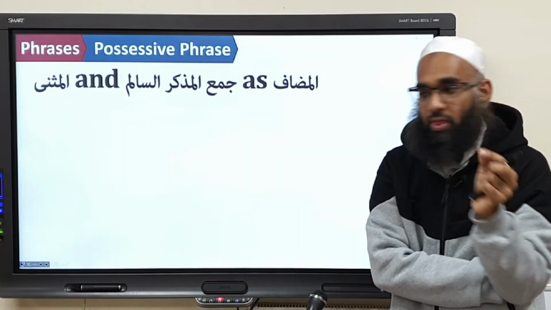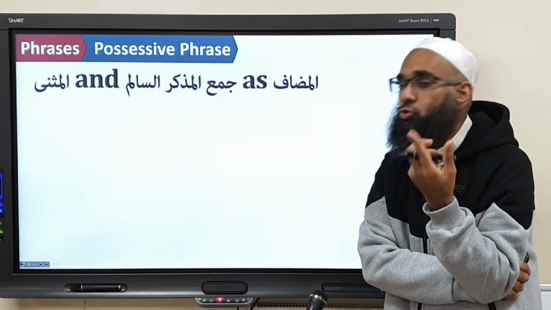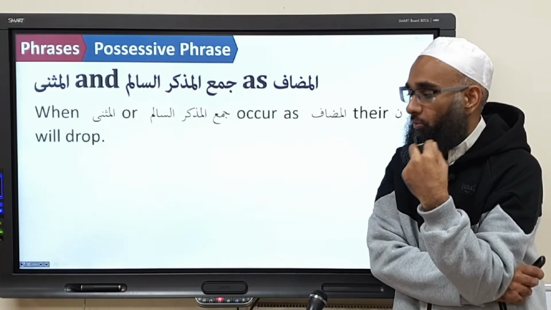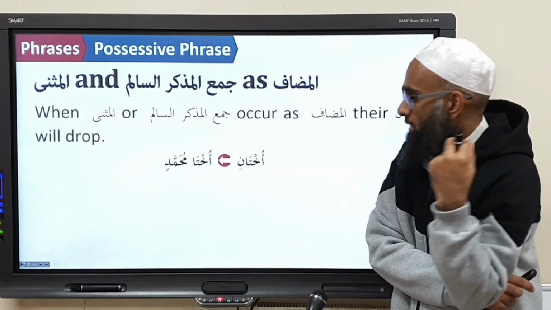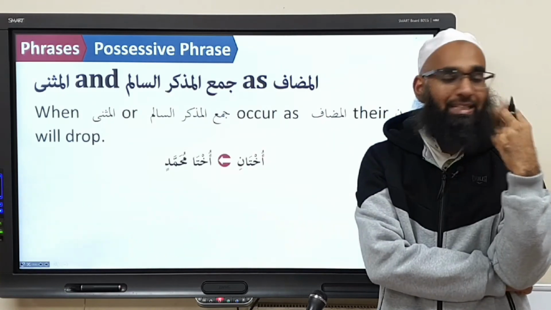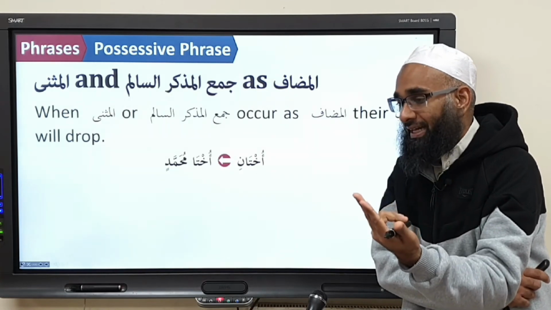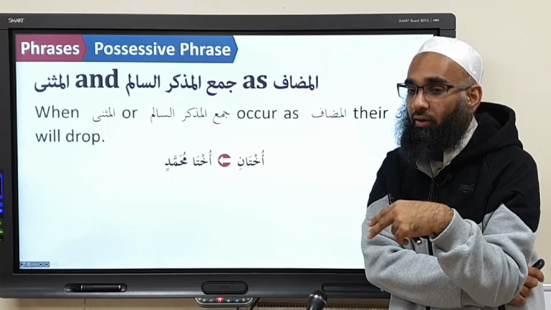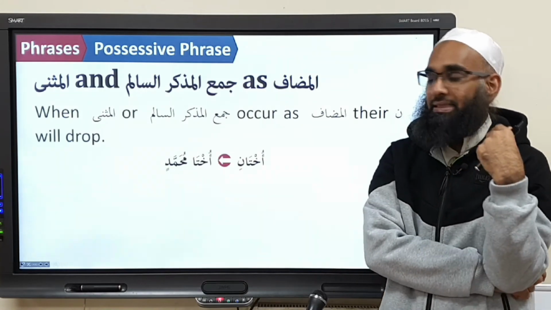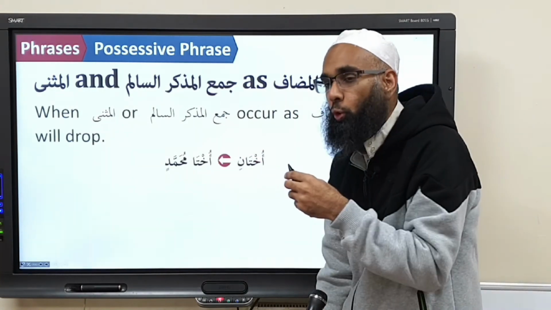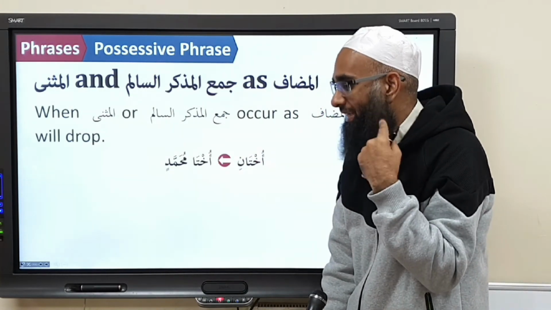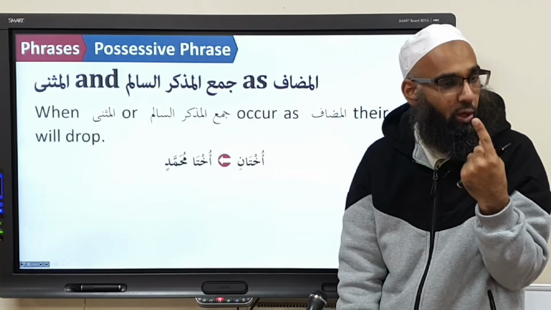So both of these, when they are mudaf, the noon drops. Ukhtun, ukhtani, two sisters. When it becomes mudaf, you don't say ukhtani Muhammadin, because this noon is not like in ukhtun, ukhtani. Can you not hear a noon sound at the end of both of them?